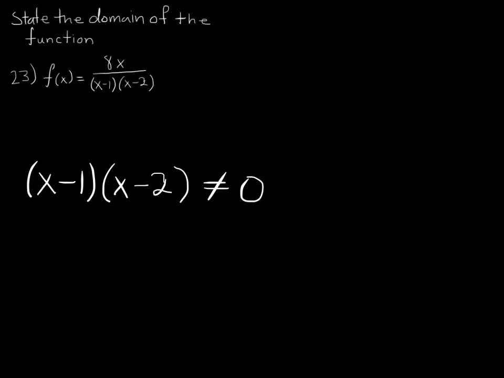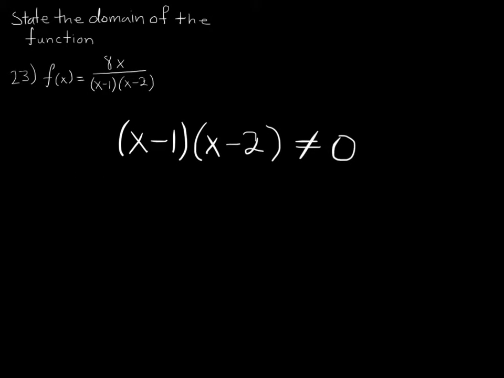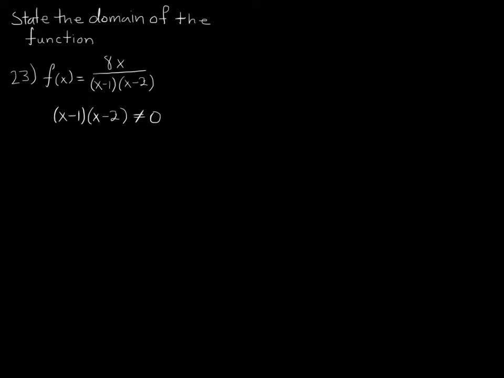So we simply have to find the values which make this 0 and exclude them from the domain. Well, x minus 1 times x minus 2 equals 0 when either x minus 1 equals 0 or x minus 2 equals 0.